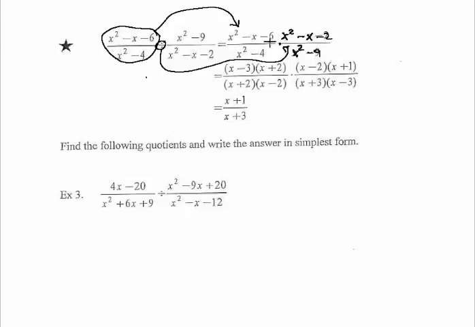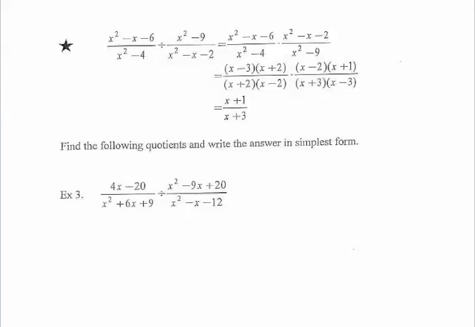Now that we've switched over to multiplication and flipped a fraction, we look at the next step, and you see that we just simply factored all of the numerators and denominators. Negative 3 times 2 is a negative 6. Negative 3 plus 2 is a negative 1.